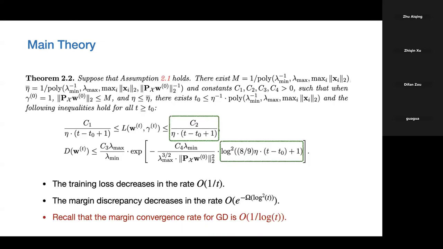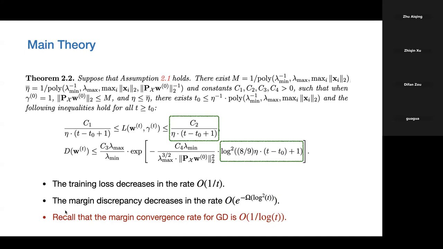So this is our main theory. We can prove two types of convergence. The first is the training loss convergence, and the second is the margin convergence, or similarly the direction convergence. As a very standard result in optimization for logistic regression, the training loss convergence rate is 1/t, which is the same as before.